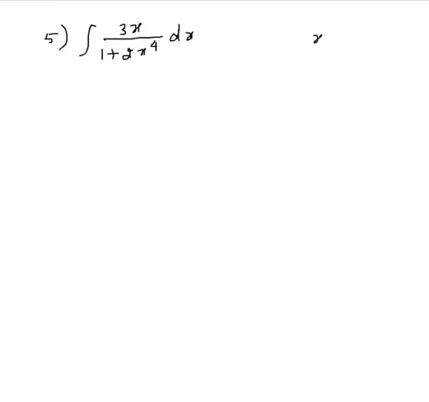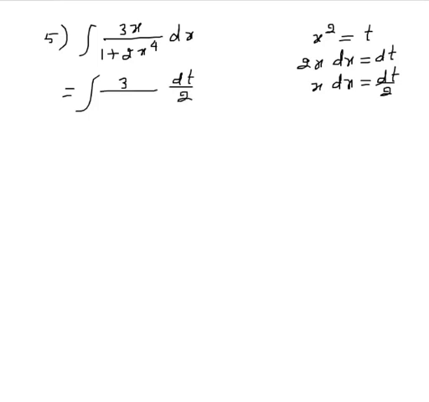And we know that the differential of x square term gives x term. So we will substitute x square as t, and differentiate both sides. x dx is dt over 2. Let us substitute. x dx is dt divided by 2 and the denominator is t square.